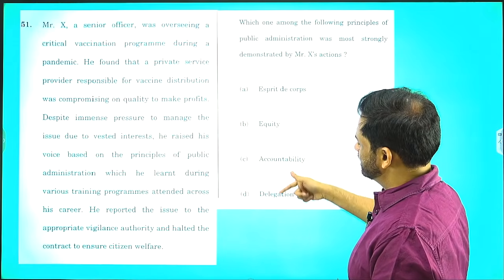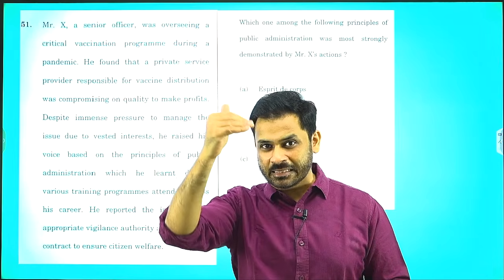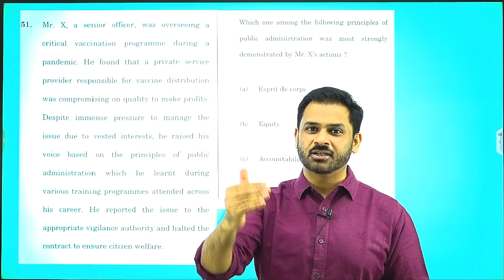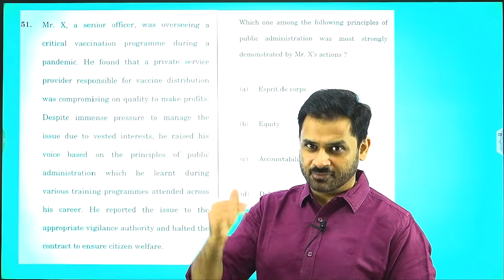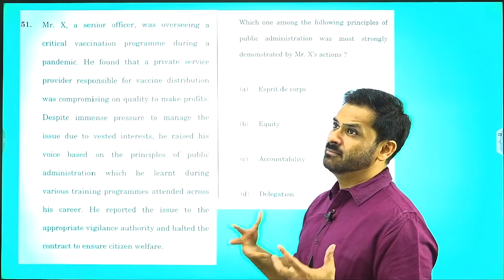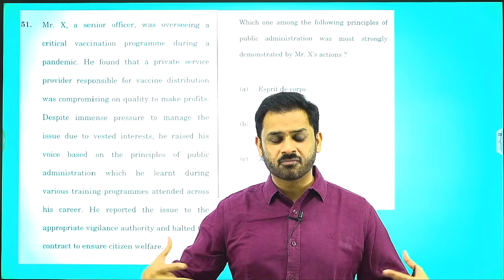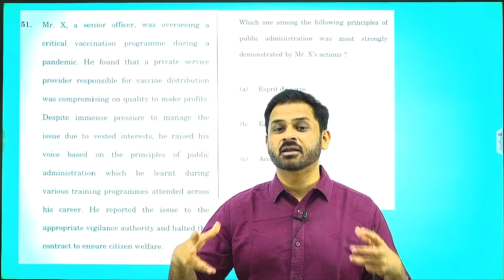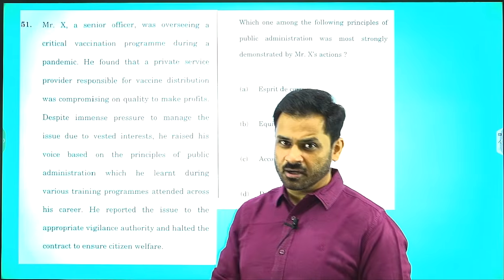Now, most of these terms which have come: delegation is when we are delegating or giving the function to the lower authority. So delegation of authority we say is authority which is delegated from the higher level to the lower level. Esprit de corps is team spirit, the unity in the organization, that the entire workforce or the personnel in the organization are working in unison and unity, and they are committed towards the objective of the organization.